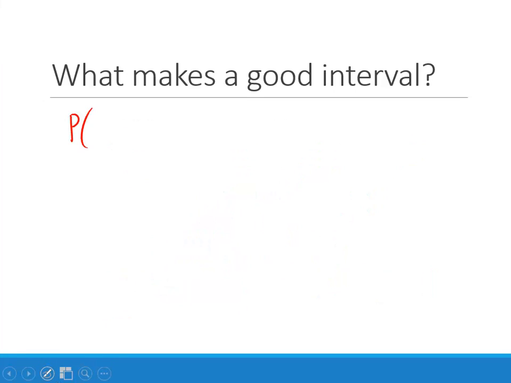So in other words, I want to find some number A such that the probability of my sample mean being below that is equal to 0.025. We're just going to use what we've done before to find that number A.